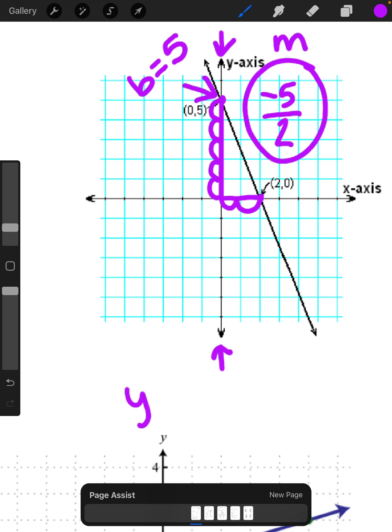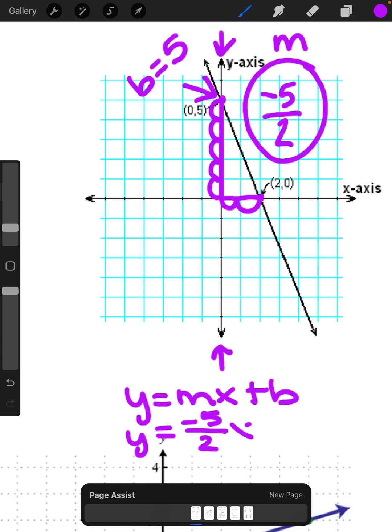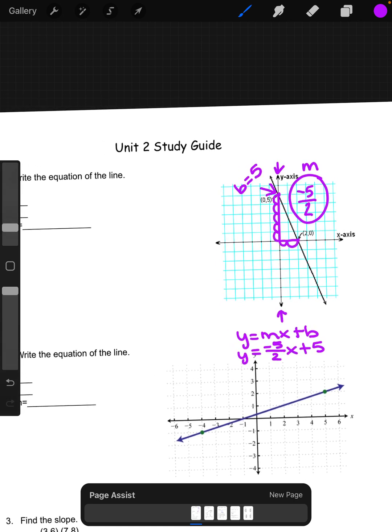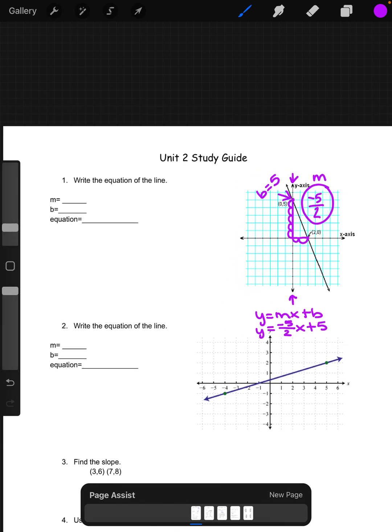And I know that y equals mx plus b is the way that I normally write a line because that is slope-intercept form. So I have y equals, instead of m, I'm going to put in negative 5 over 2, I'm going to bring my x, and then my y-intercept was 5. So let's see if any of my answer choices match.